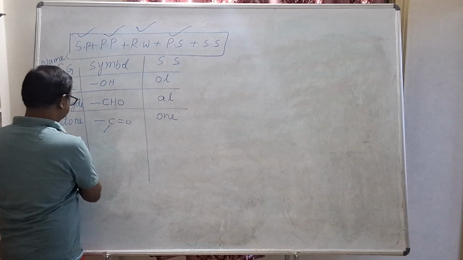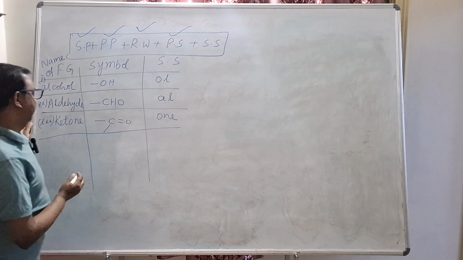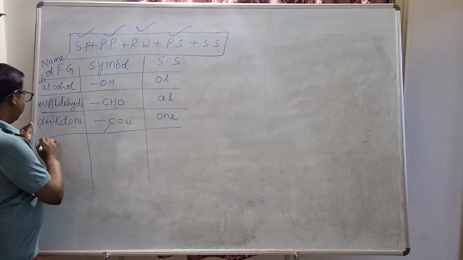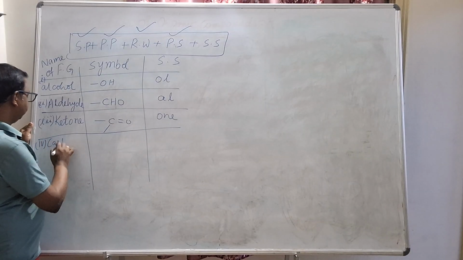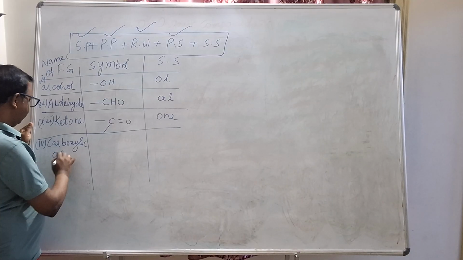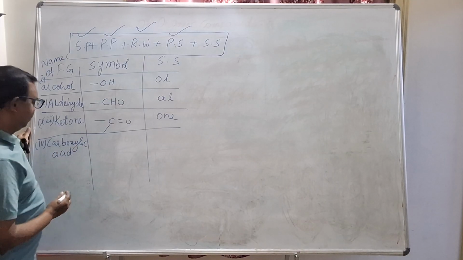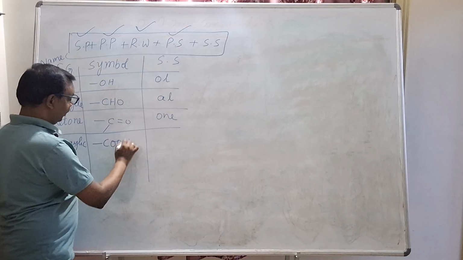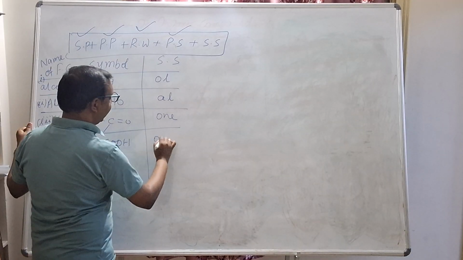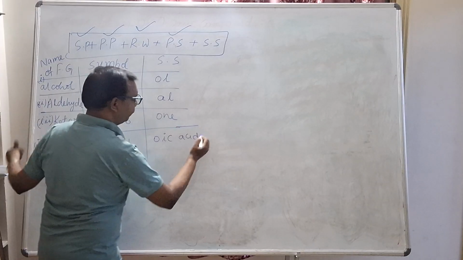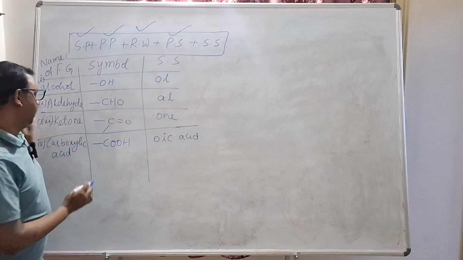It is a secondary suffix. The next one is carboxylic acid. We write it as COOH, and we call it oic acid. Are you getting?